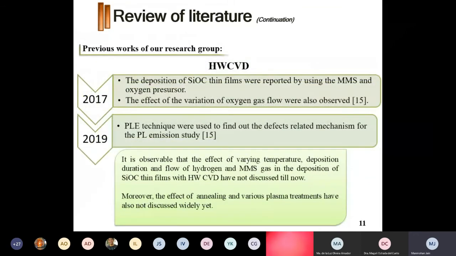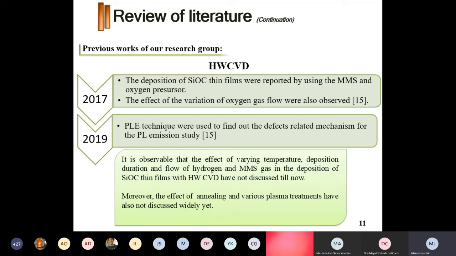If we talk about the SWCVD system, then in 2017, the deposition of silicon oxycarbide thin films was reported with the help of MMS and oxygen precursor. In the same paper, the effect of the variation of oxygen gas flow was also observed.